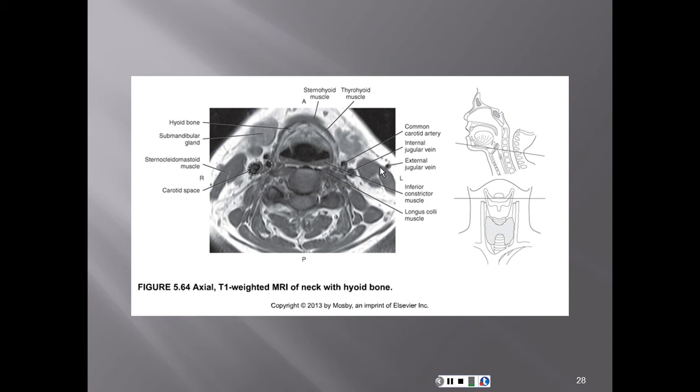Axial T1 weighted MRI of the neck with the hyoid bone. Again, identify the sternocleidomastoid. We're going to follow this long muscle from its insertion to insertion. Mastoid tip to the sternum and clavicle. And also is a picture of the inferior constrictor muscle.